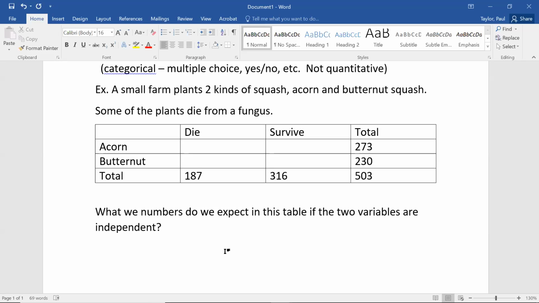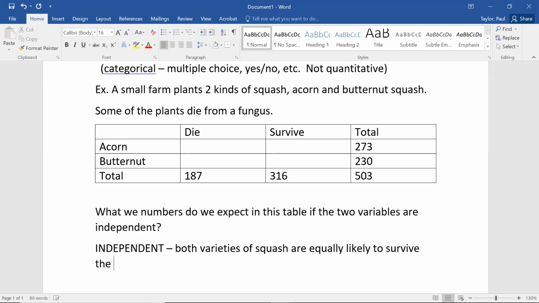So let me write that down. Independent, what does that mean? Independent would mean both varieties of squash are equally likely to survive the fungus.